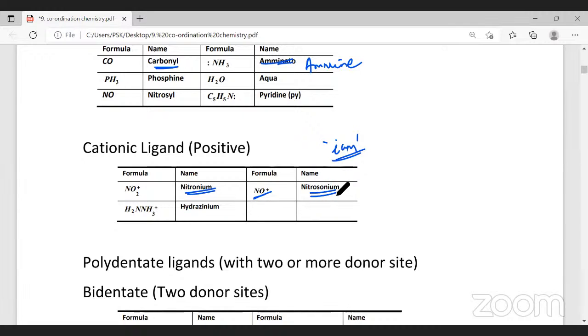And this is the hydrazinium ion. Hydrazine is NH2NH2, and if this is allowed to react with the H plus ion, a pair of electrons is donated to H plus, so you get NH2NH3 plus. So only one donor atom. This ion is called the hydrazinium ion. Hydrazinium ion is a positive monodentate ligand.